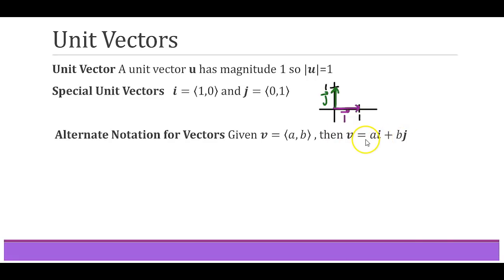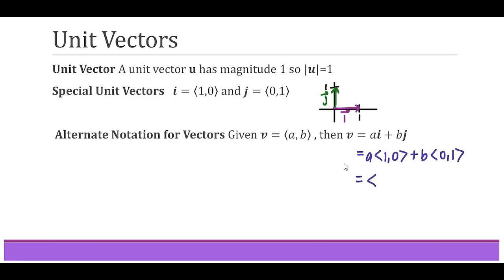So v is also equivalent to a times the unit vector i plus b times the unit vector j. And we'll prove that these are the same things right now. Let's write this as a times the unit vector i, which is ⟨1, 0⟩, plus b times the unit vector j, which is ⟨0, 1⟩. Since a and b are scalars, they can multiply to each component.